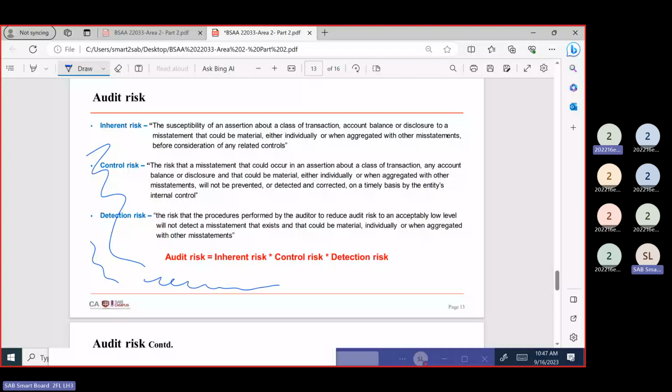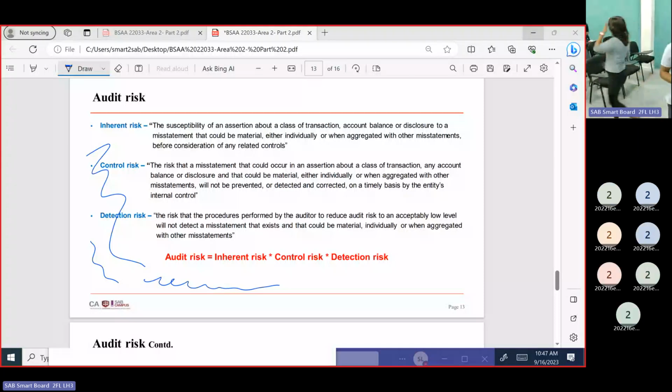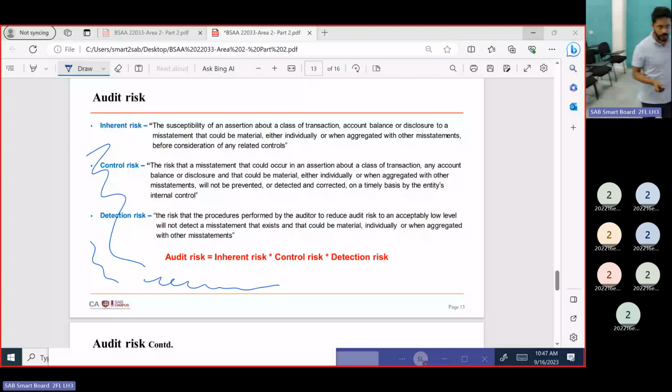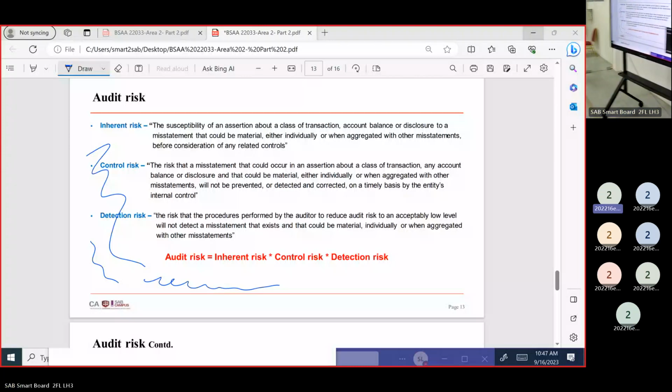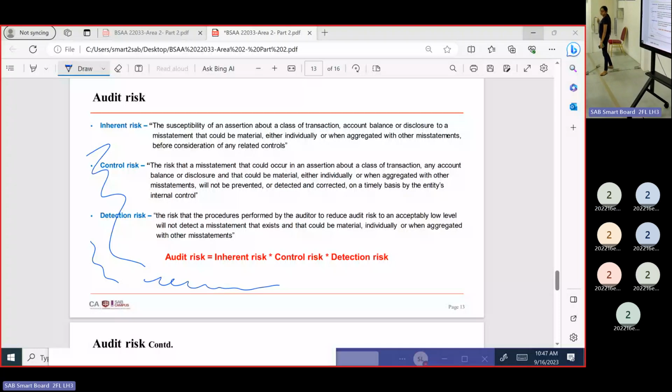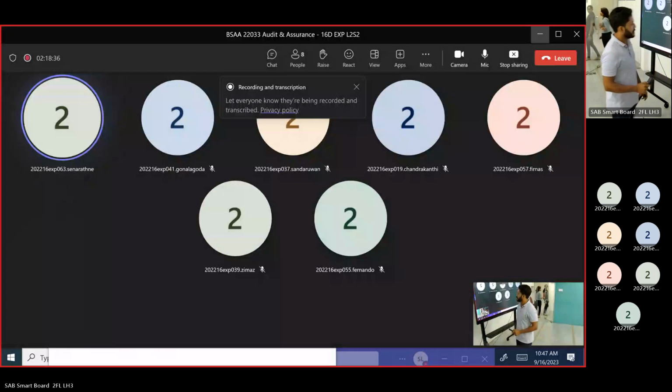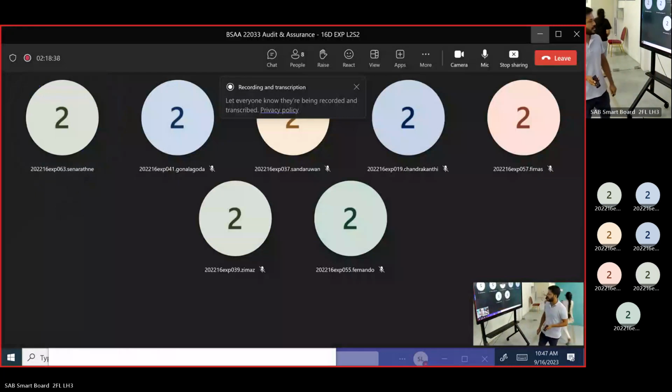Maybe a technical issue. What's your preference? Do we need the task mode or this mode? Can you use this? Now the camera is on, sir, for us.